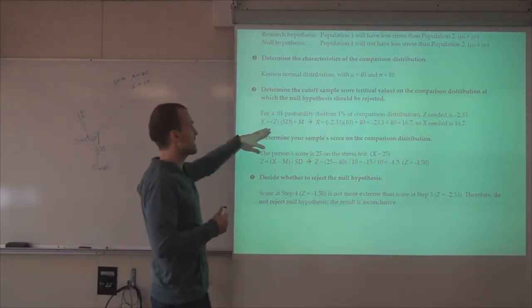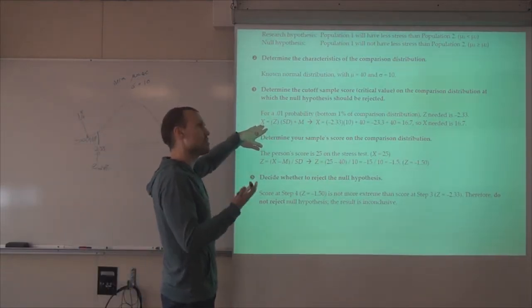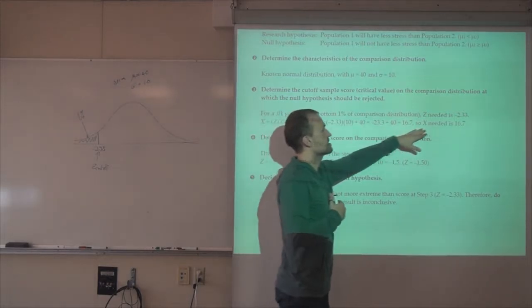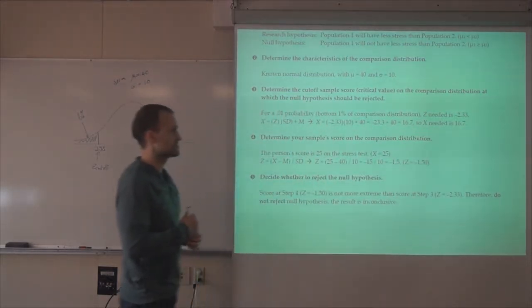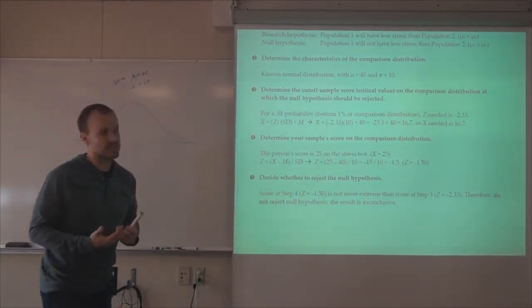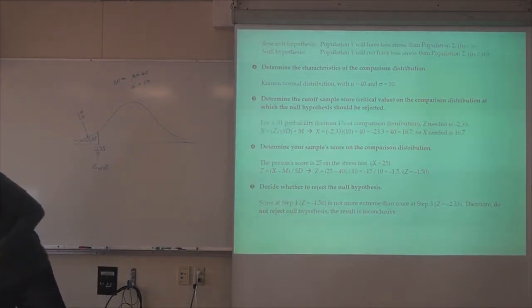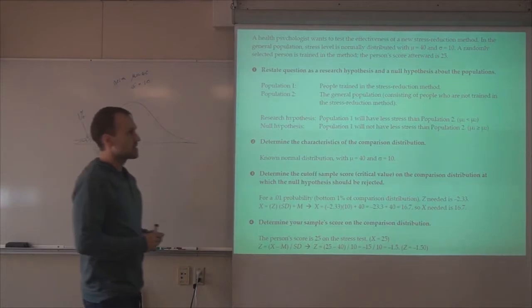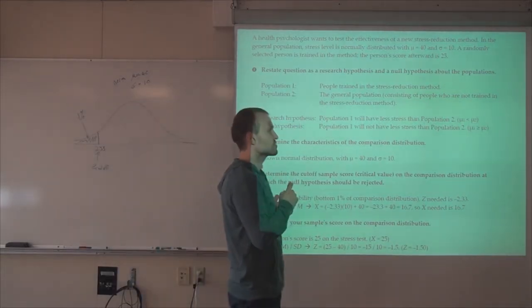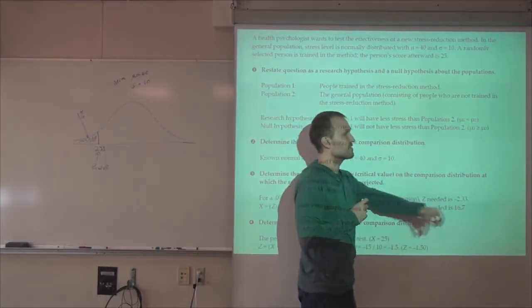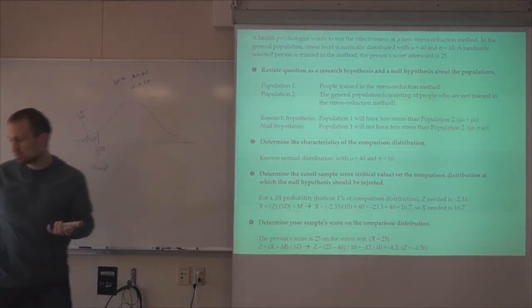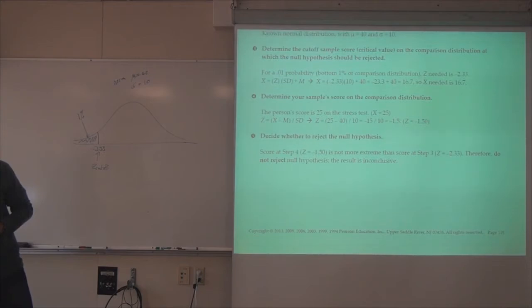Now I can look at it from two different angles. I can look at the raw score that corresponds to that cutoff, and I see it is 16.7. Then I can compare my sample value, which was 25. Clearly 25 is not as extreme as the 16.7 cutoff line, so I could have just gotten that without any change in the population.